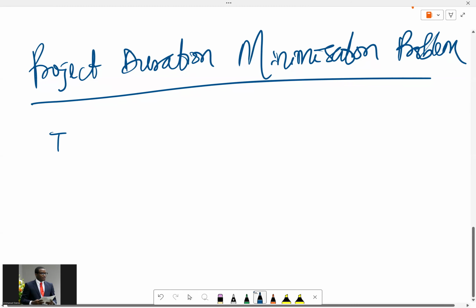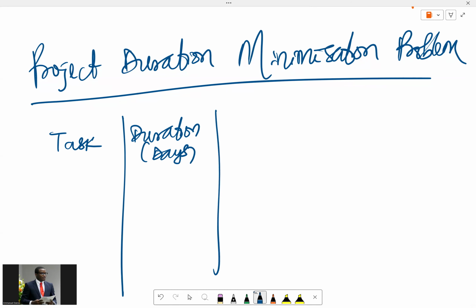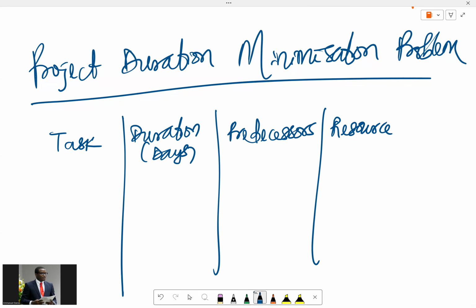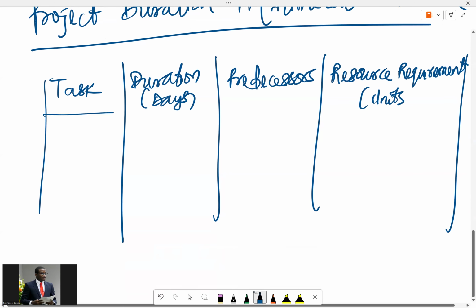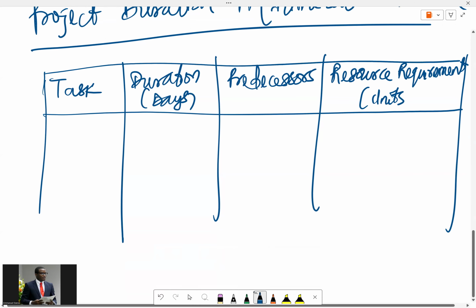We have the task, then the duration in days, then predecessors, which are tasks that have to be completed before we do this other task. Then we have the resource requirement in units, maybe the machine you have to use or the funds required for the project.